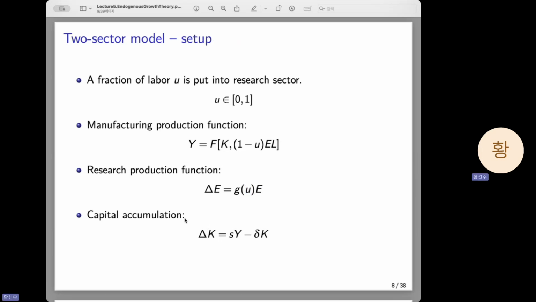Okay, and typically capital accumulation follows this equation. Changes in capital is equal to the difference between investment and depreciation.